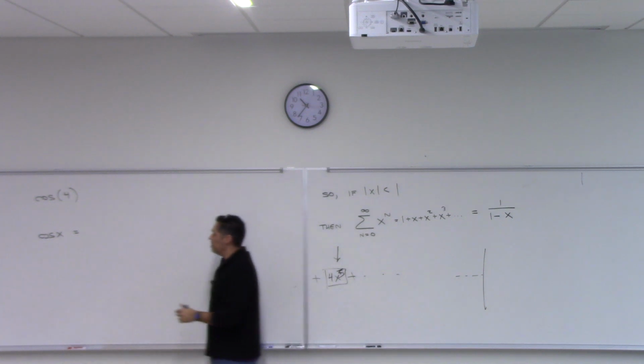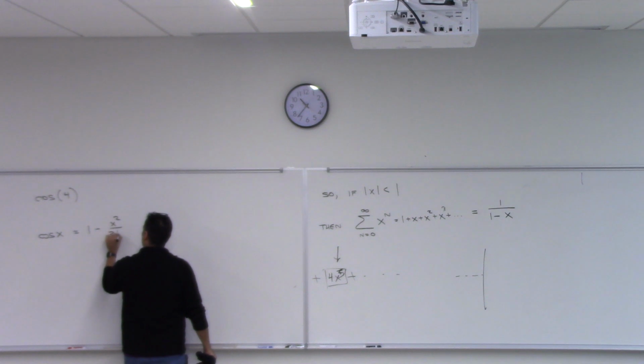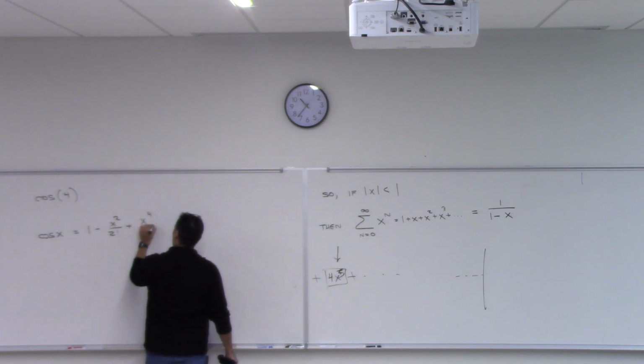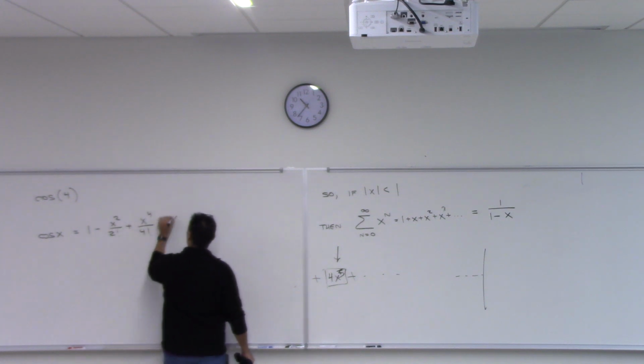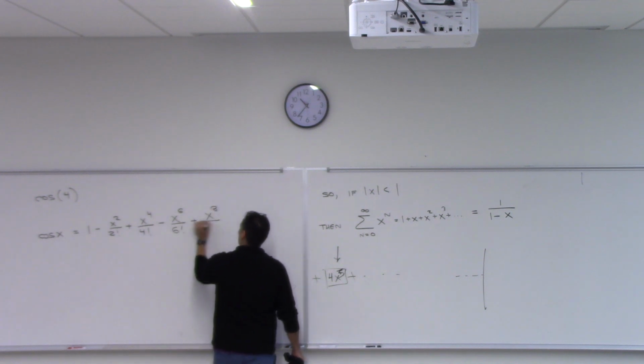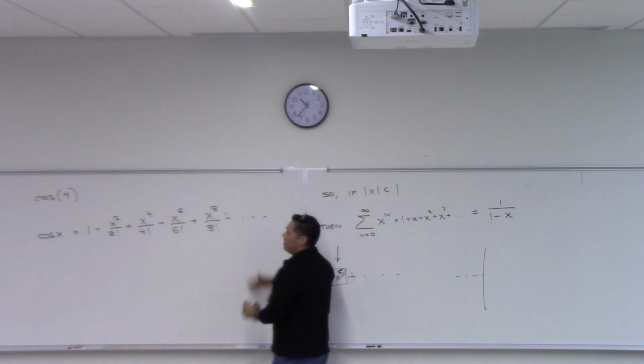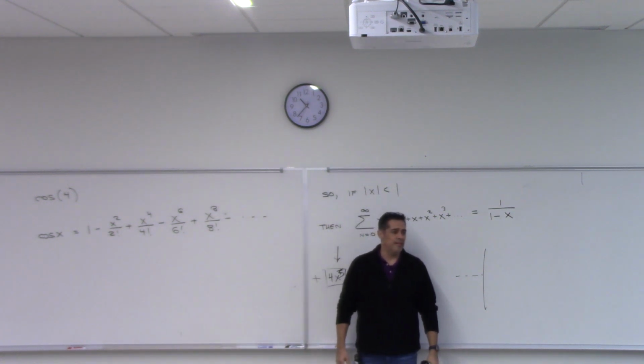And its power series is exactly this: 1 minus x squared over 2 factorial plus x to the 4th over 4 factorial minus x to the 6th over 6 factorial plus x to the 8th over 8 factorial, plus minus would be next, dot, dot, dot. That is the power series for cosine.